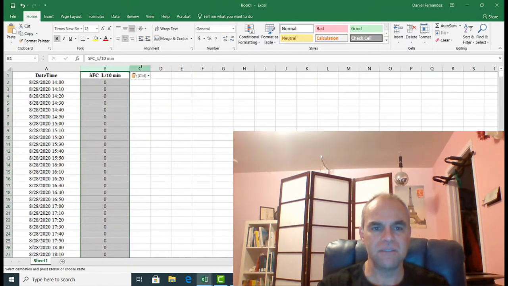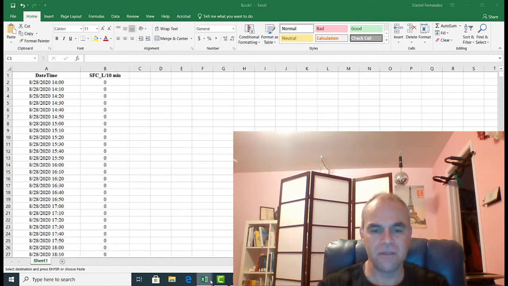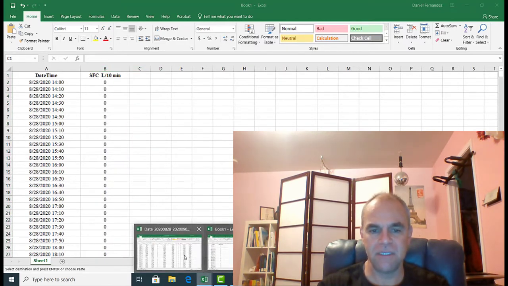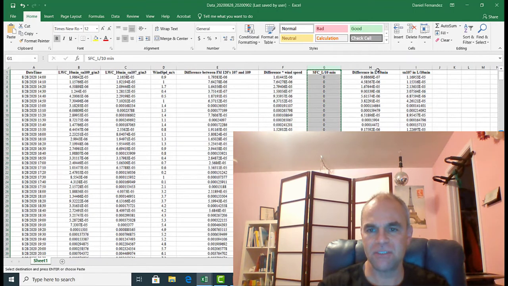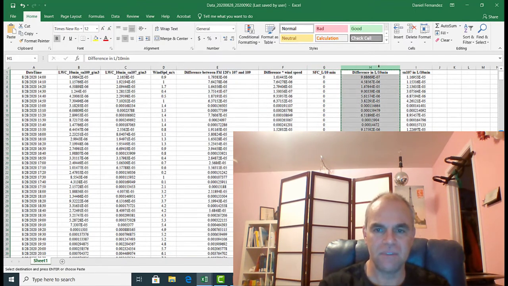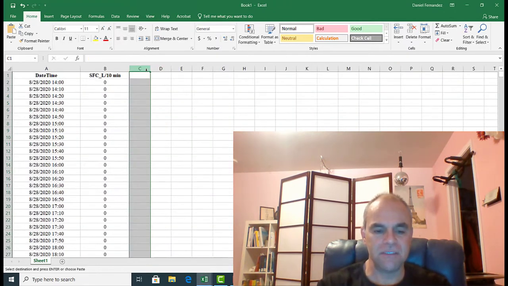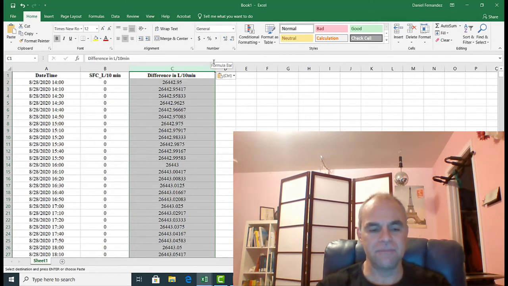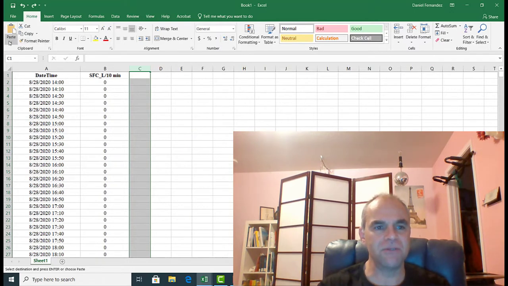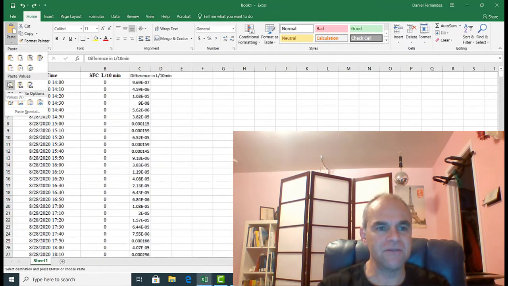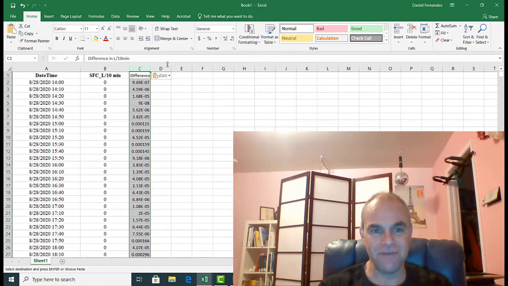Column C is the next one I'm going to work with. And I'm going to take the data from column H, copy it. I'll put it in column C. Whoops. This one I have to paste special. So I'm going to go into here, paste values, and click paste, paste values, basically. I want the values, not the formula.